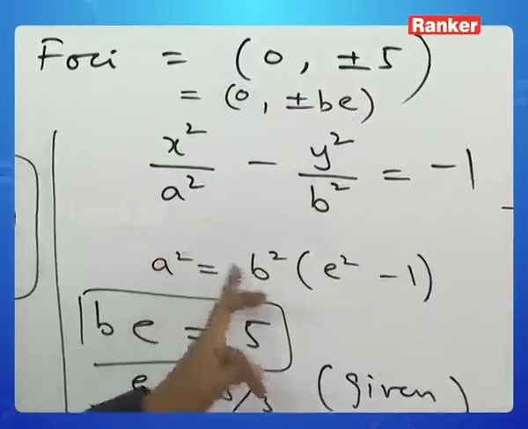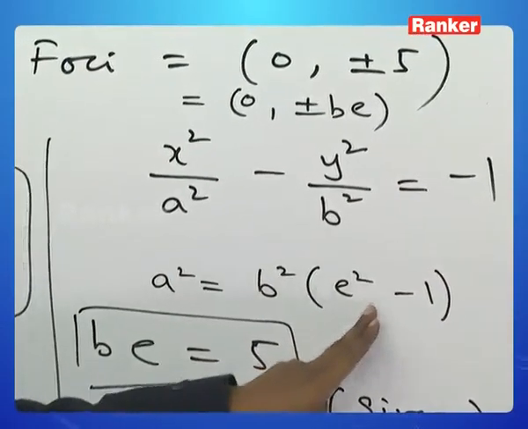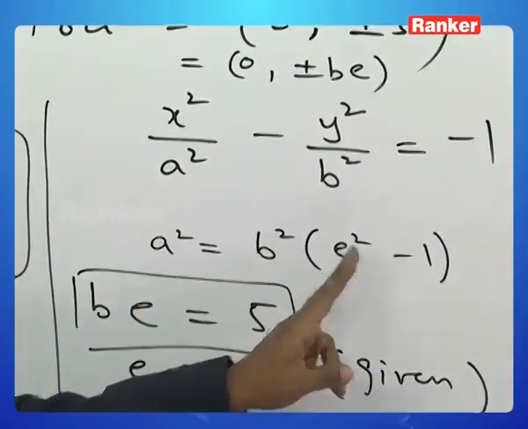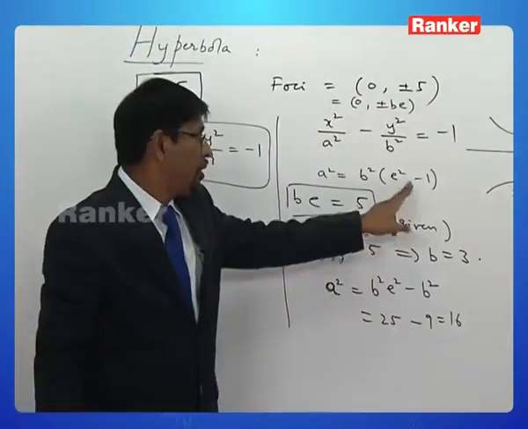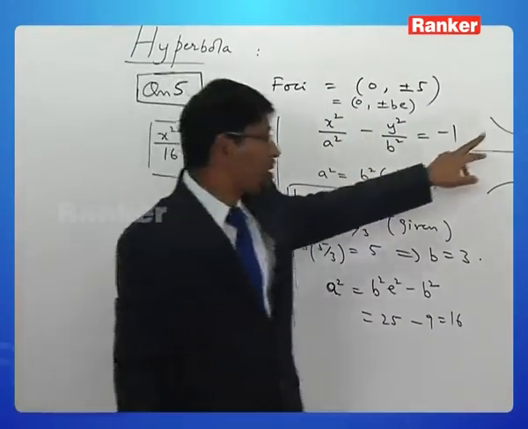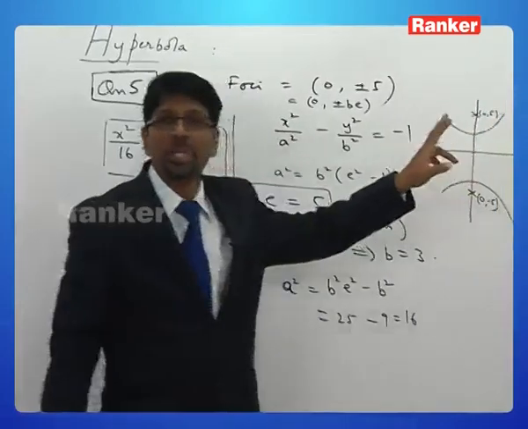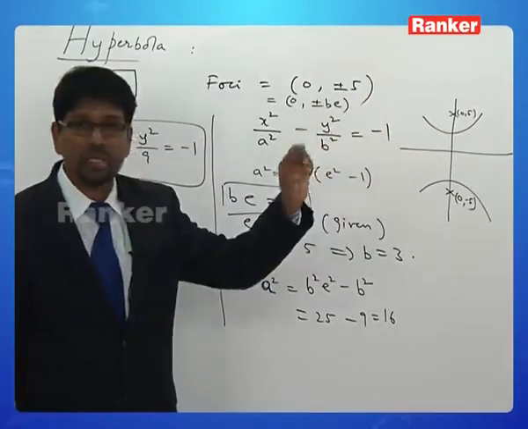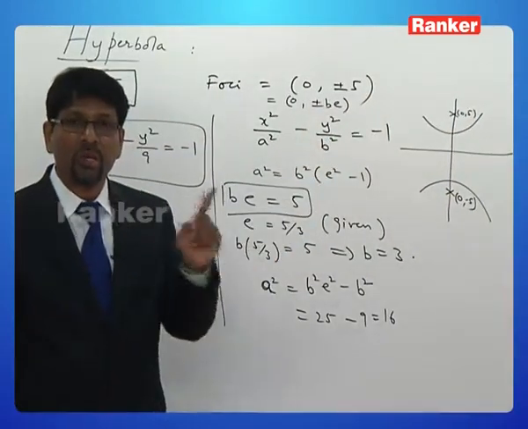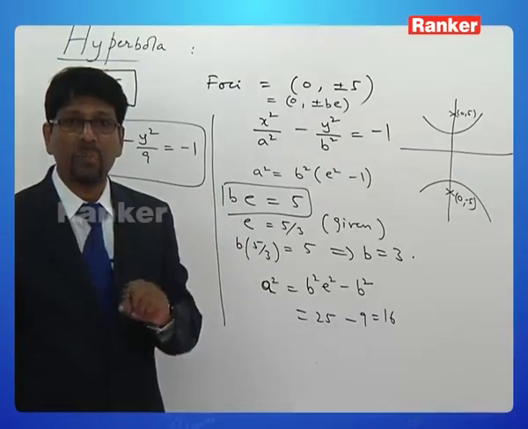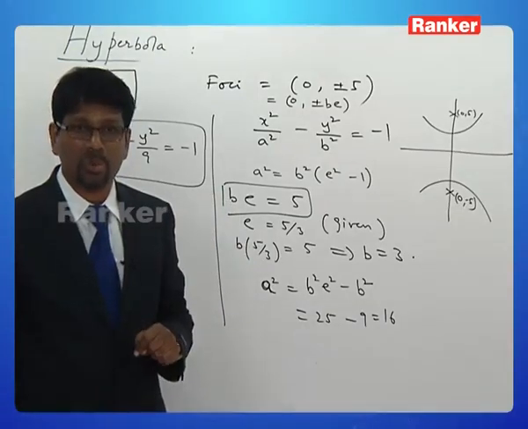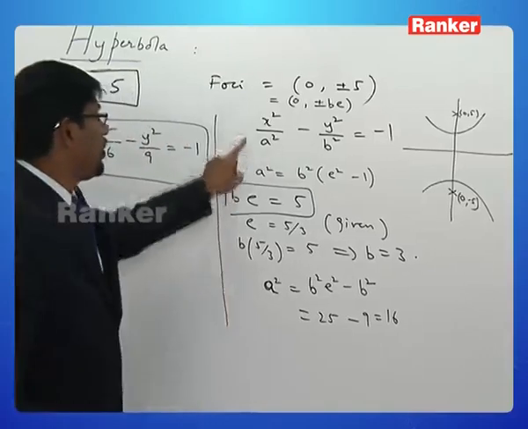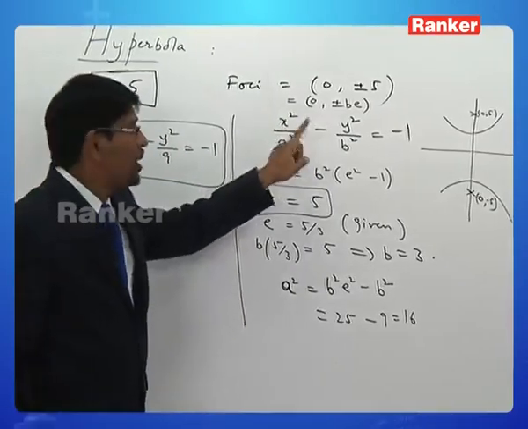The relation between a, b, e is given by this: a square is equal to b square into e square minus 1. Now the foci are 0 comma plus or minus BE, instead of plus and minus AE comma 0 for the hyperbola x square by a square minus y square by b square equal to 1. So here we have 0 comma plus and minus BE.